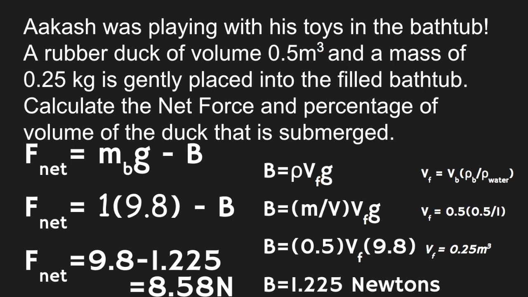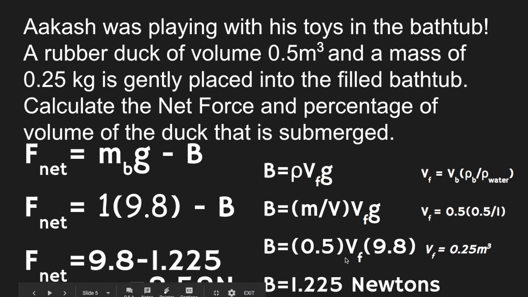Continuing, we don't know the density, so we set that equal to the mass of the object divided by the volume of the object. And we have 0.5. And for g, that's 9.8, as usual.